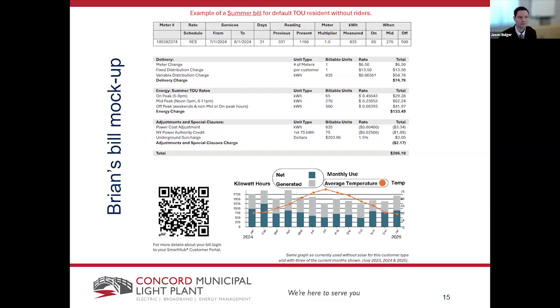Let me raise one other thing on that. If you could show Brian's bill, the mock-up. I wonder about the actual bill, but maybe it's not doable. I would love to see, when it comes to the on-peak, mid-peak, and off-peak rates, rather than it presented as a dollar amount, which a lot of people, the numbers are just too big.